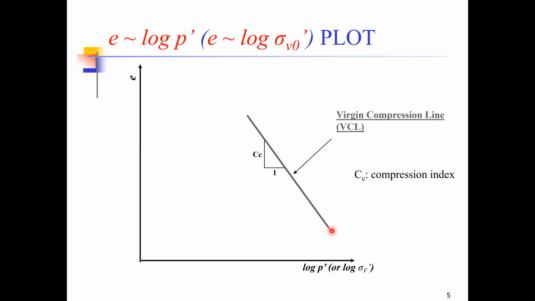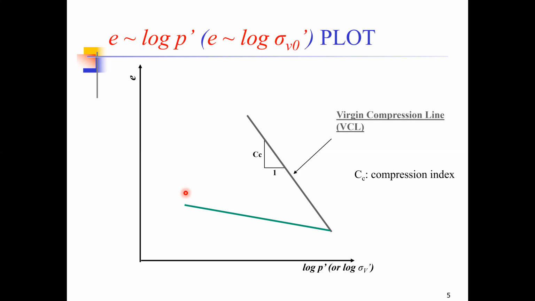Now, when the soil is expanding, the void ratio should increase. How does the void ratio increase? It increases like this. So when we reduce the applied load, when we unload, the void ratio increases a little bit, then a bit further, and goes on till we remove all the applied load.